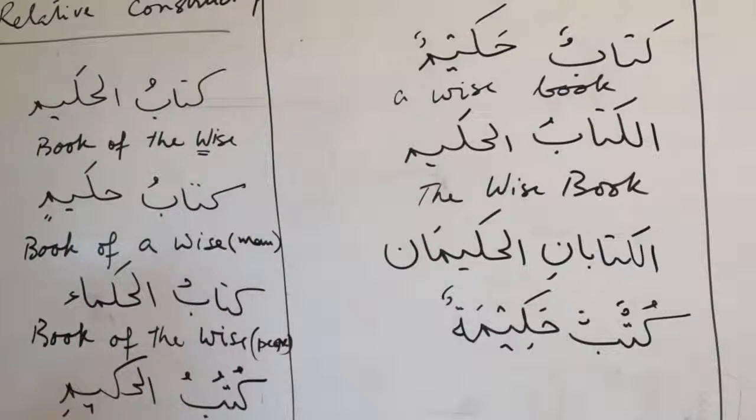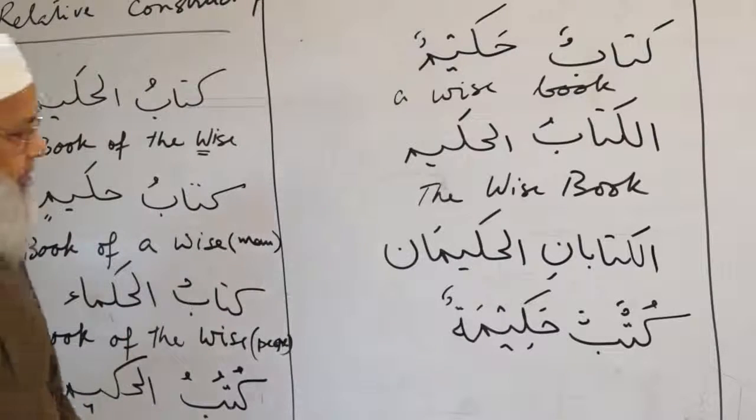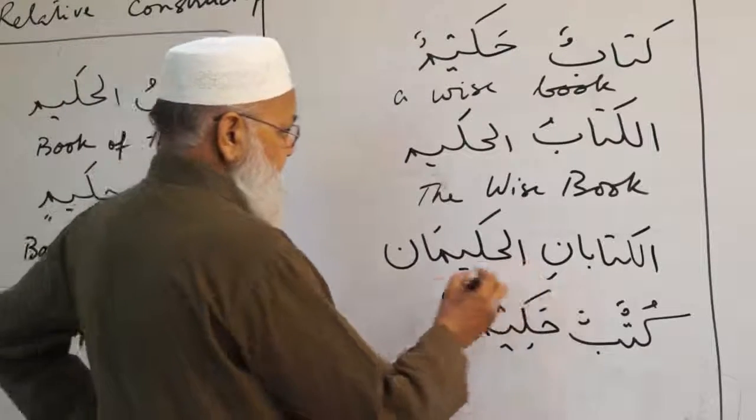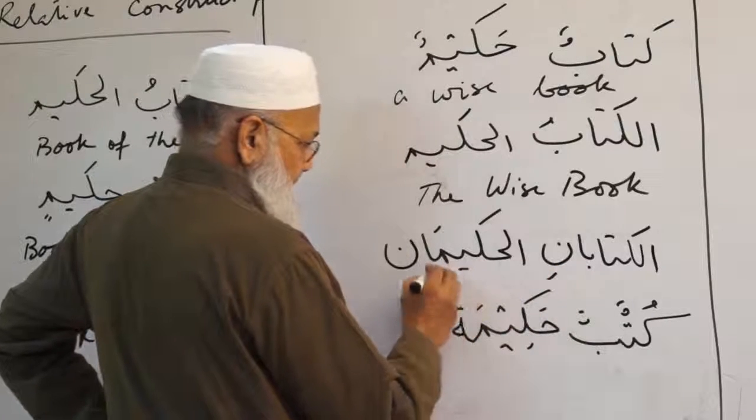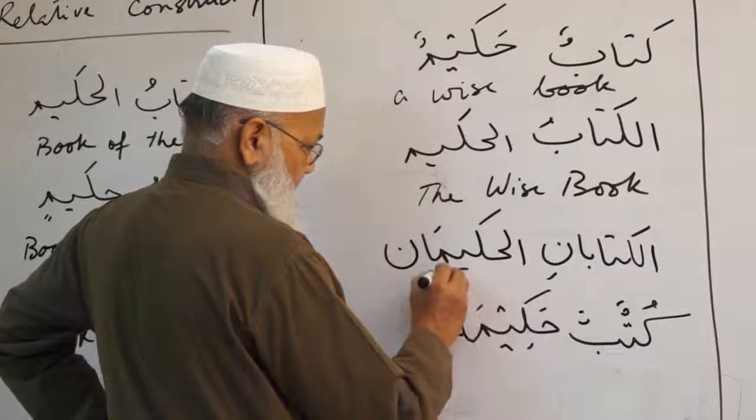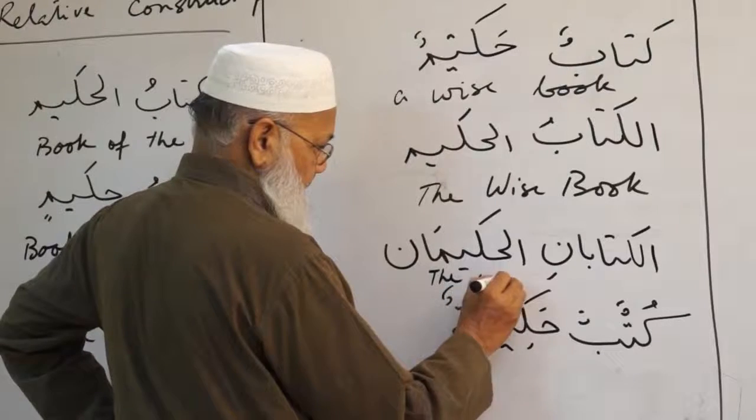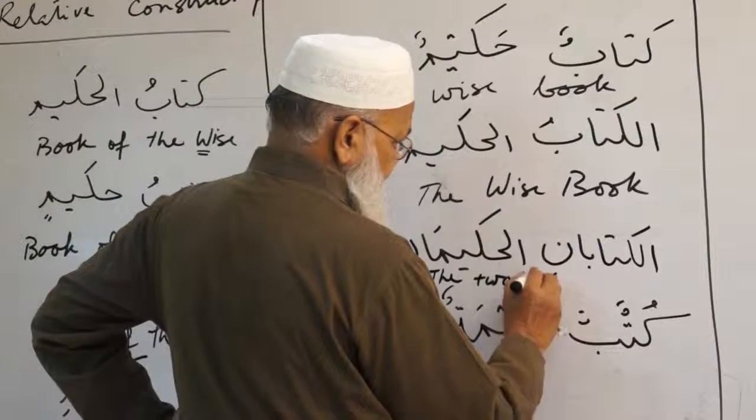Kitabun Hakimun, Al-Kitabul Hakimu, Al-Kitabanil Hakimani, Kutubun Hakimatun. So these are the four constructions. The meanings of this are: the two wise books.